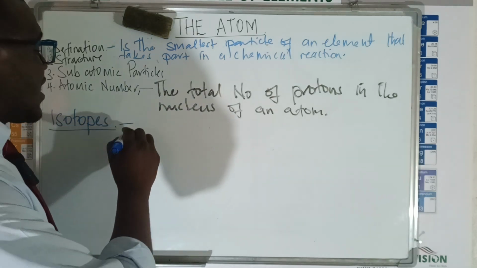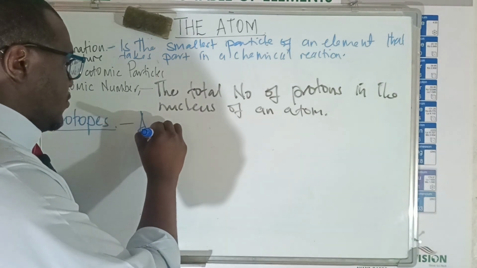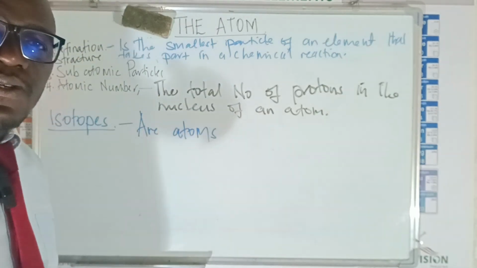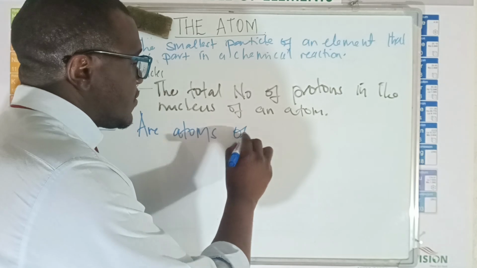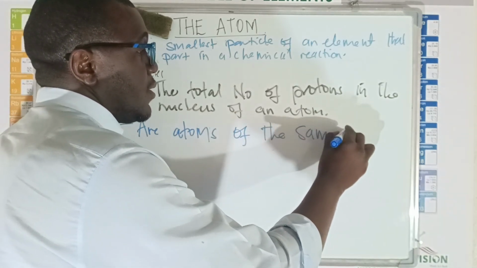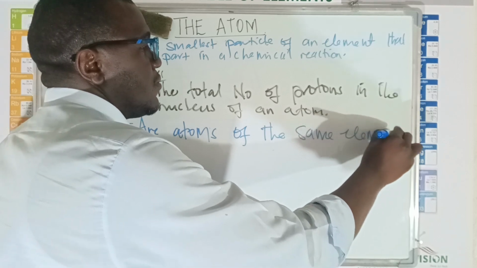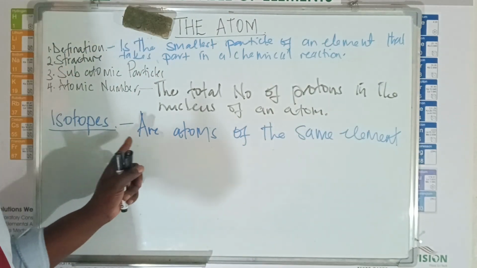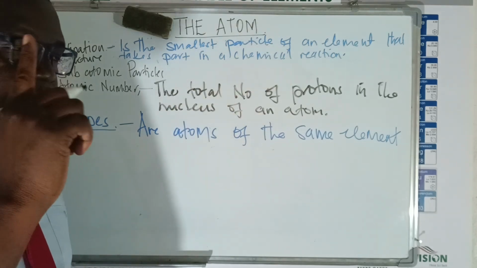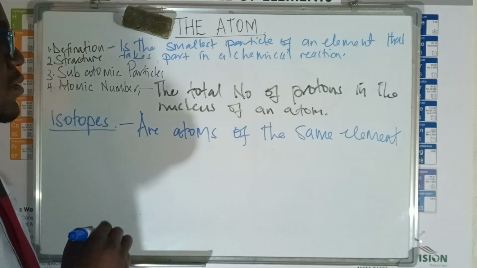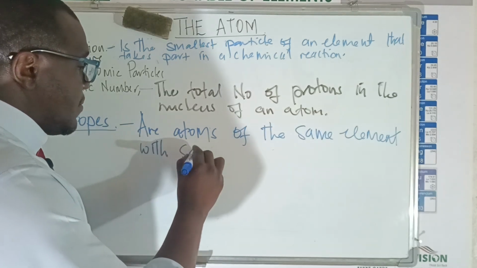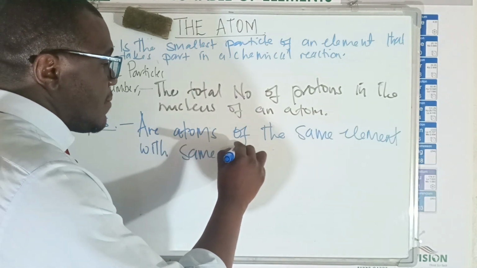So, isotopes are atoms of the same element. Your definition of an isotope must start with this statement. They are atoms of the same element with the same atomic number.